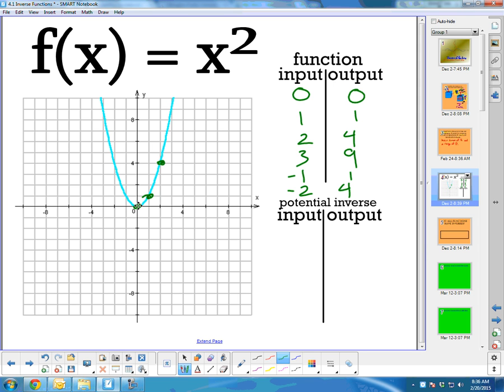Now, the potential inverse, if I take my previous statement, what that means is my output values of the function are the input values in the potential inverse. And the input values that were in the function will be the outputs of the inverse.